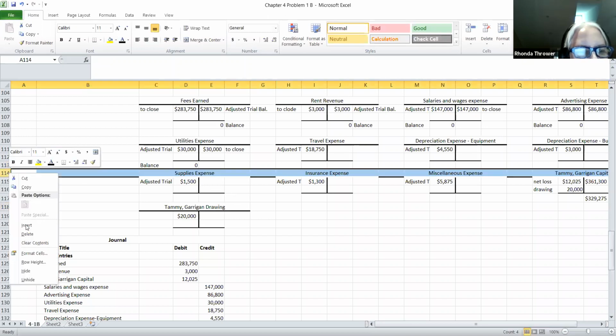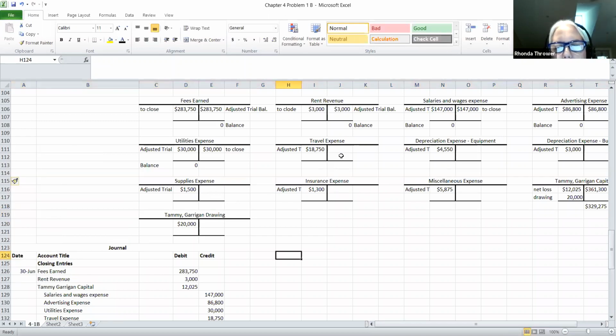Kind of messy looking. Let me see if I can insert a line there. Yeah, so you can see a little better. I'm doing the same thing on all of my expenses.